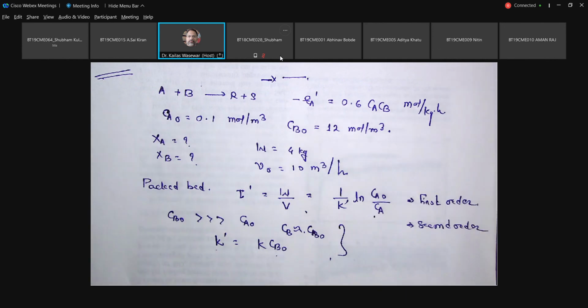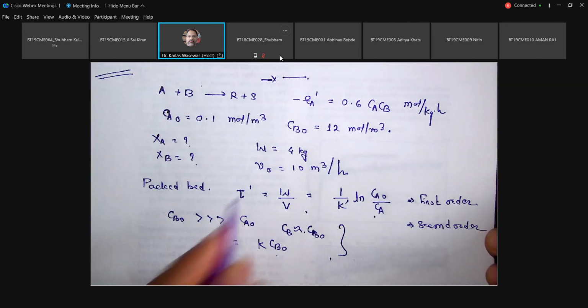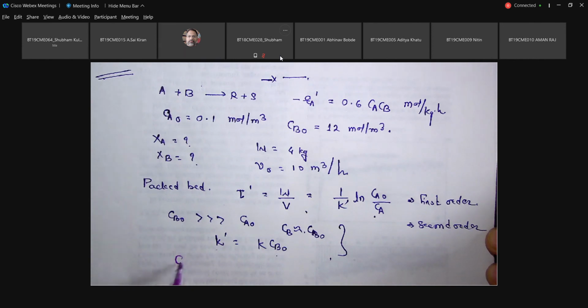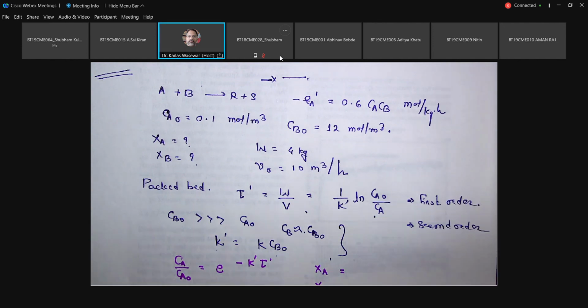Let me see, what is the value of this particular K? What we are calculating? The final equation will be again Ca upon Ca0 equal to minus K. So XA you have to calculate and XB. Yes, you can try it.